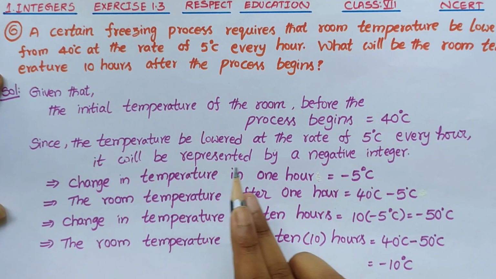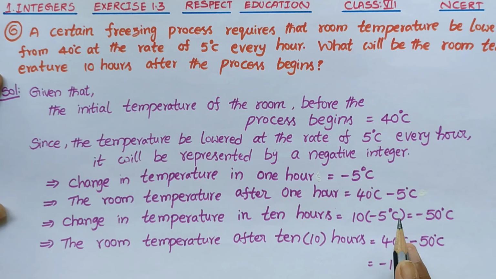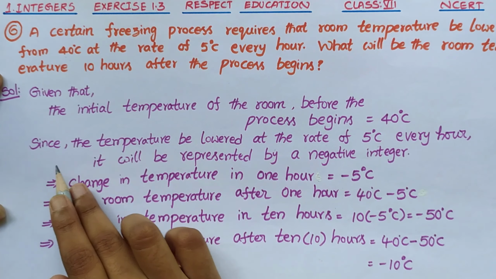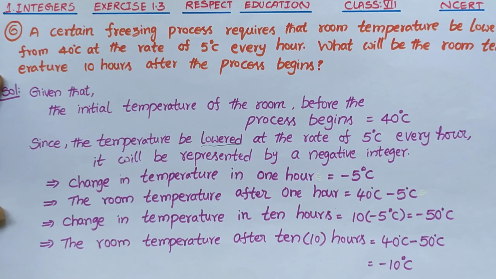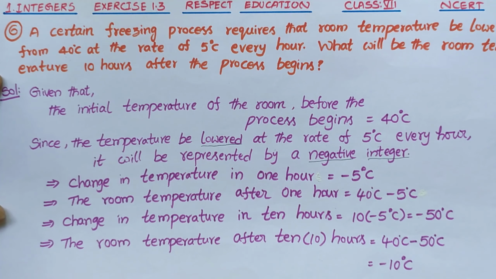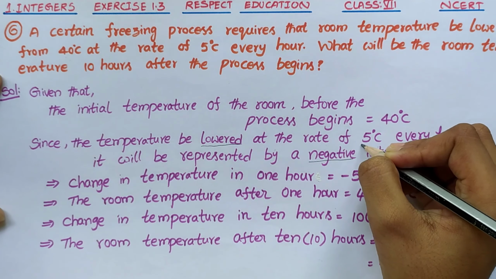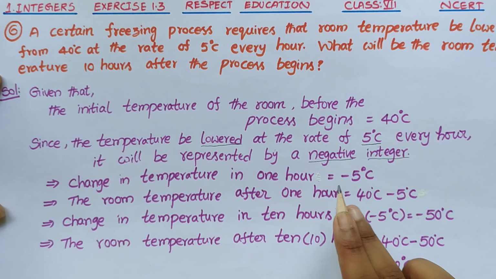be represented by a negative integer. So here, since the room temperature is lowered, as it is lowered, we take a negative integer. So change in temperature in 1 hour is minus 5 degrees Celsius. Okay.